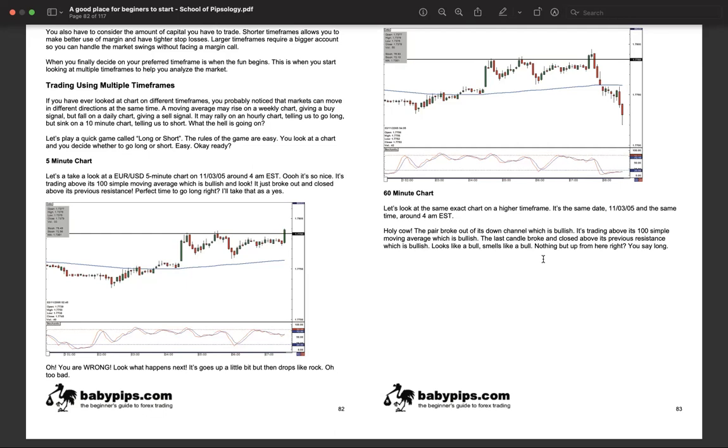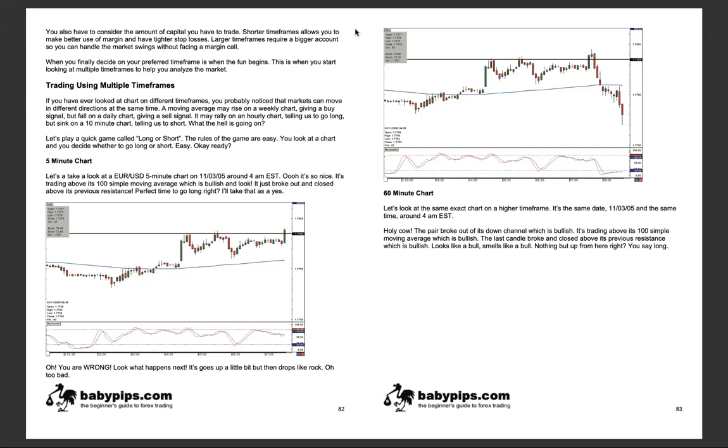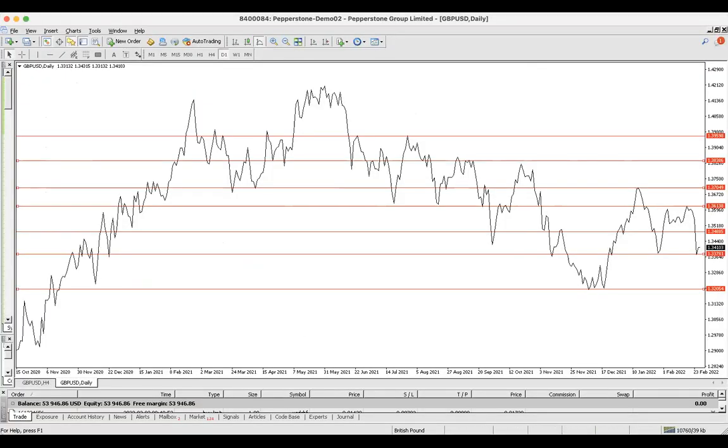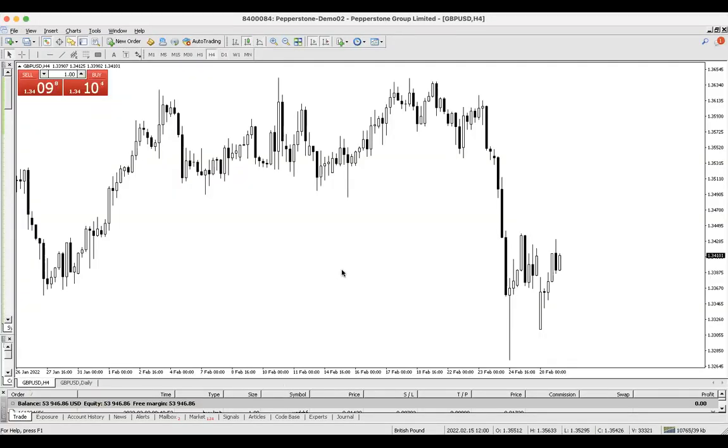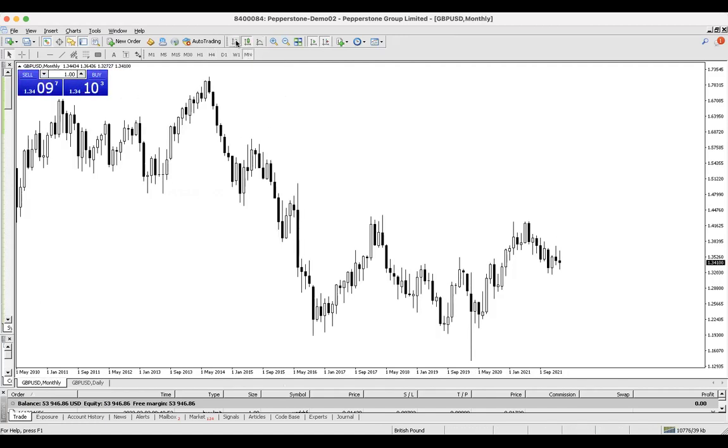All right. Because when you open your chart, let me show you this on a chart to help you understand why it's very important to do multiple analysis. I'm going to show you an example here.